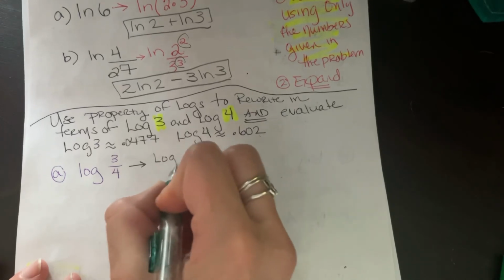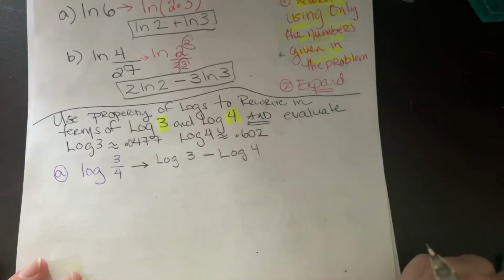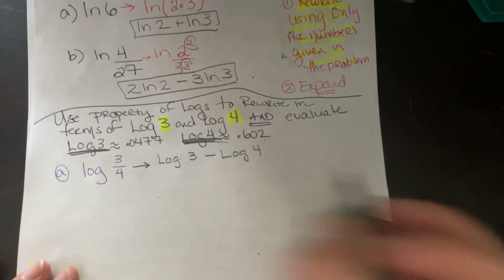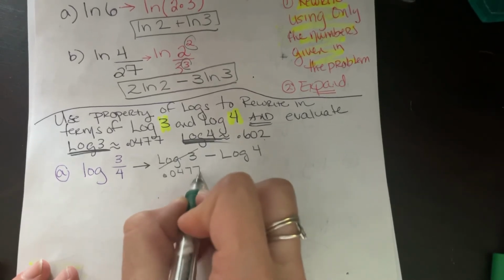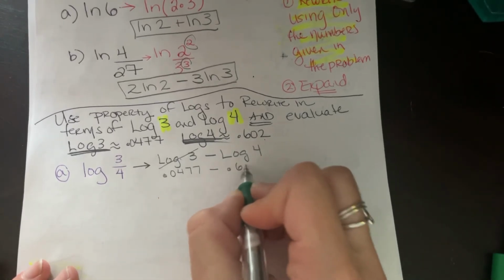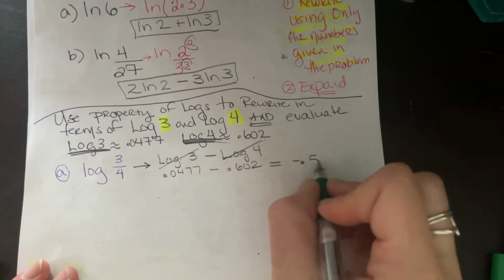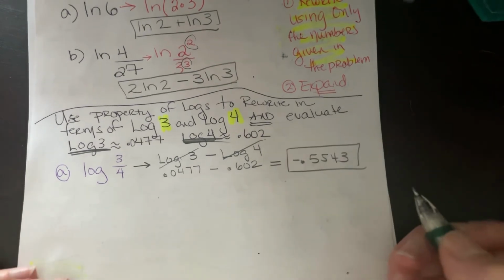Subtraction. First, we expand. Now, we have exactly what we wanted, so you always want that. Replace log 3, they want me to replace with this. Log 4. And then answer. That's it.